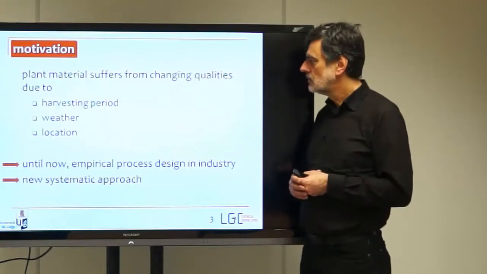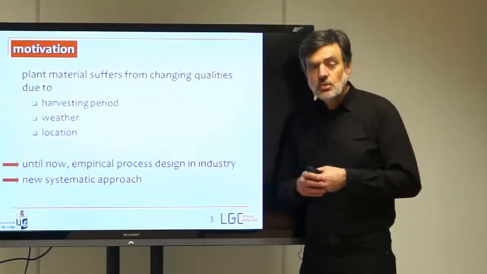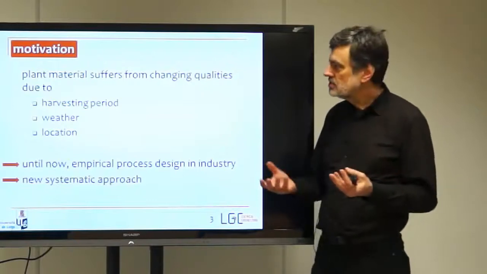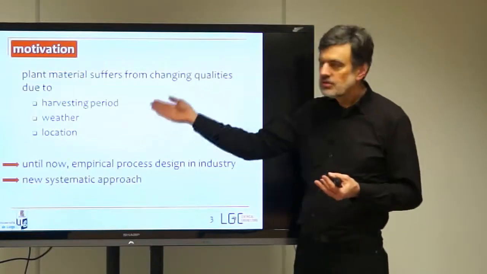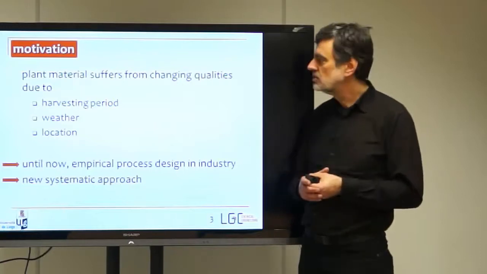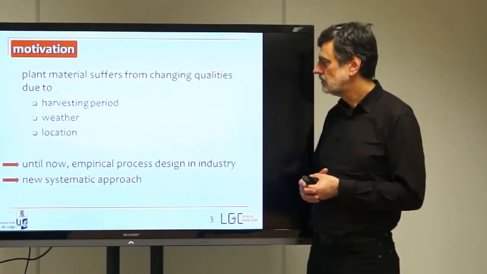So actually what you would like to have is a way to design your extraction process as to account also for the differences in these different, given boundary conditions of your plant material.